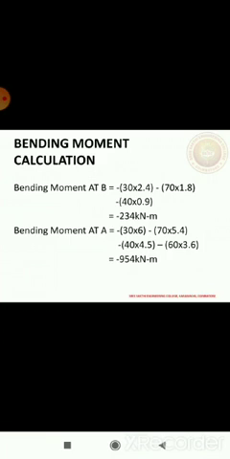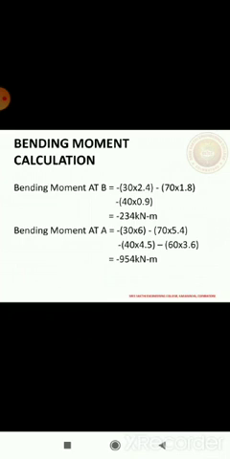Then for B and D, the load is 70 kilonewton and the distance between B and D is 1.8 meters. So minus 70 into 1.8. Next, for B and C, the load is 40 kilonewton and the distance between B and C is 0.9 meter. So minus 40 into 0.9, that is minus 234 kilonewton meter.